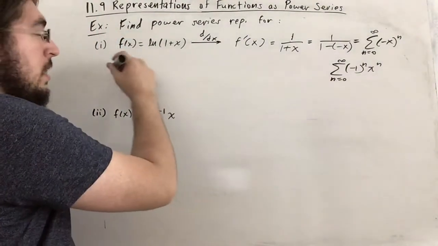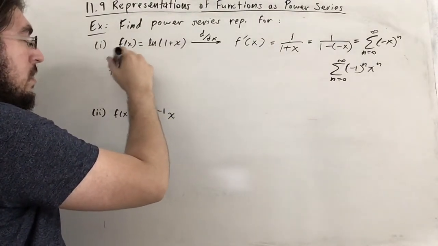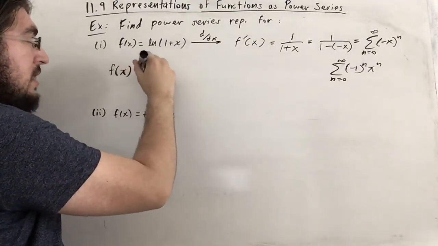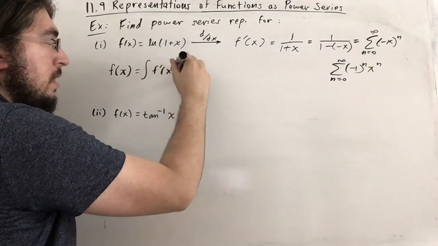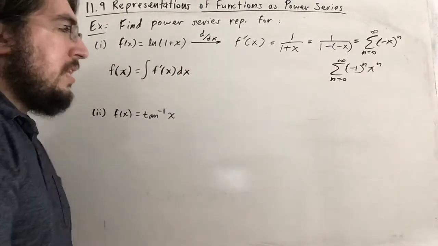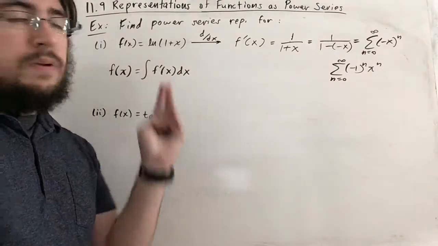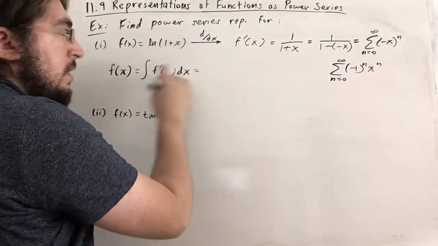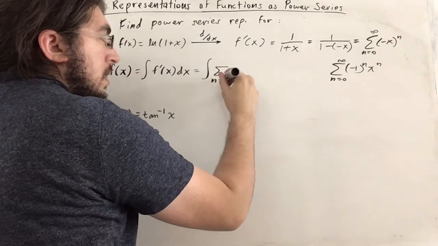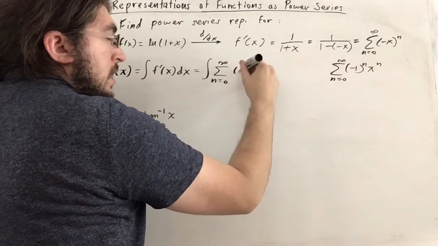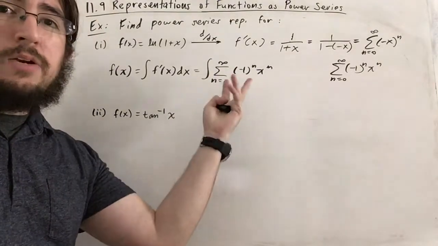But notice, if we antiderive this, we get f. So let's say that f of x is equal to the antiderivative of f prime. We have a few things to sort out here because of the constant scenario, but this is definitely true. And since we know f prime is this power series representation, now what we can do is pass the integral through the sum and take the integral of the general term.